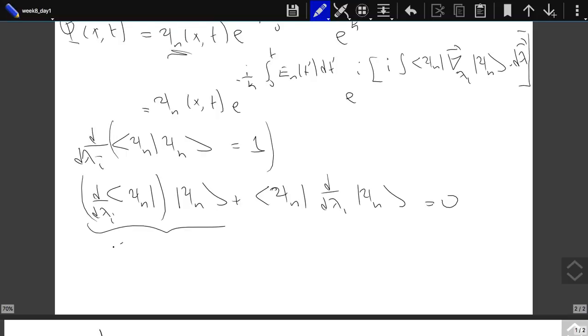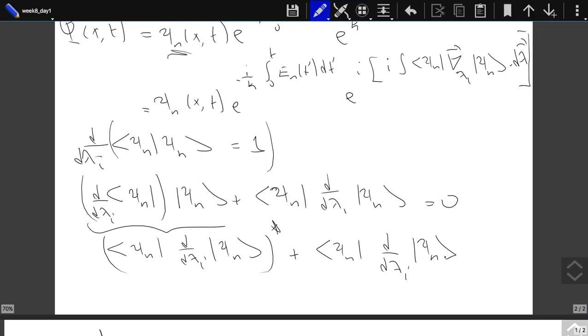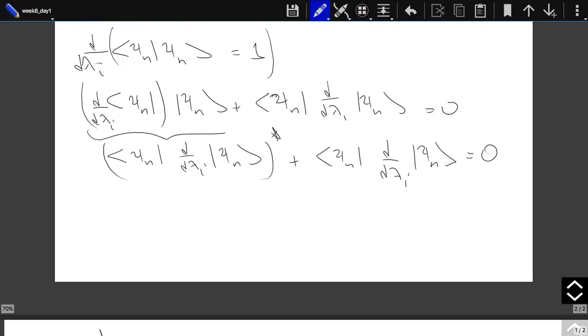But the first term is nothing but psi n star d by d lambda i psi n, conjugate, plus psi n star d by d lambda i psi n. This should be equal to 0.